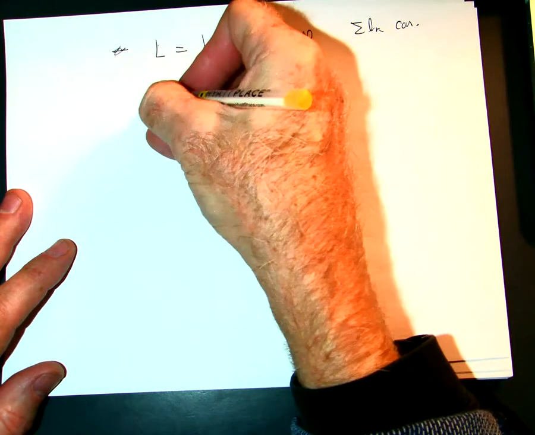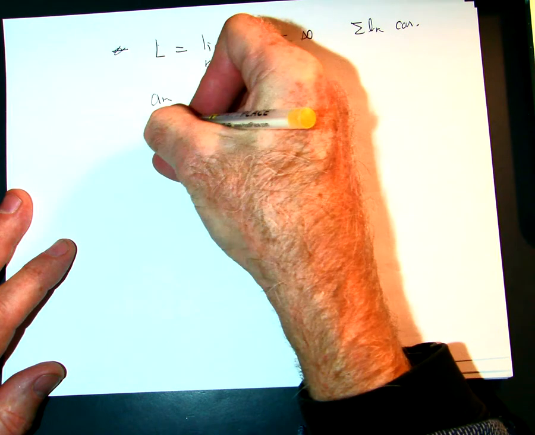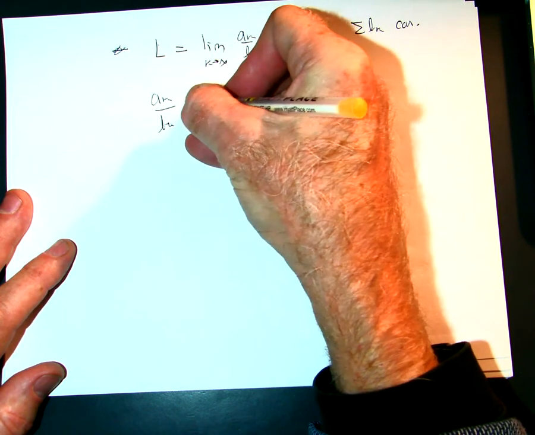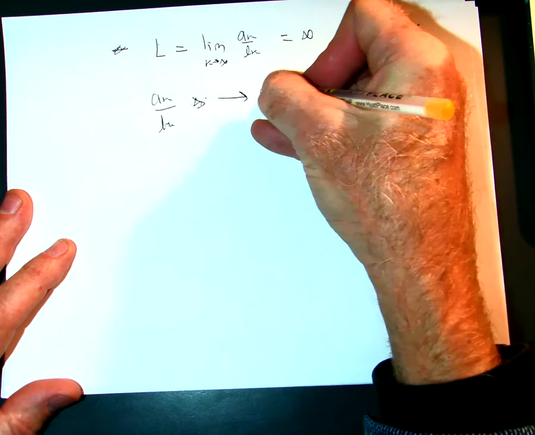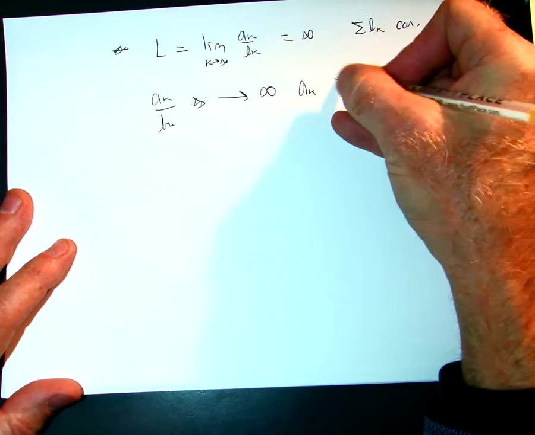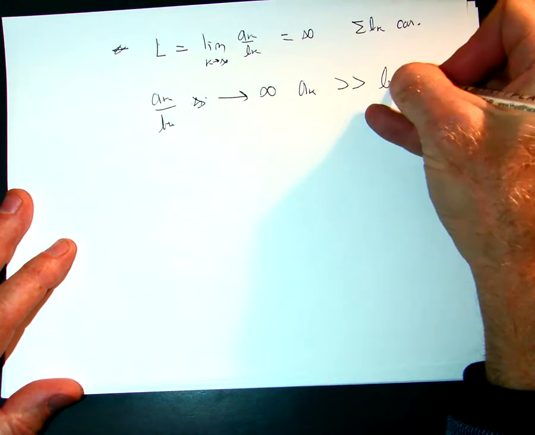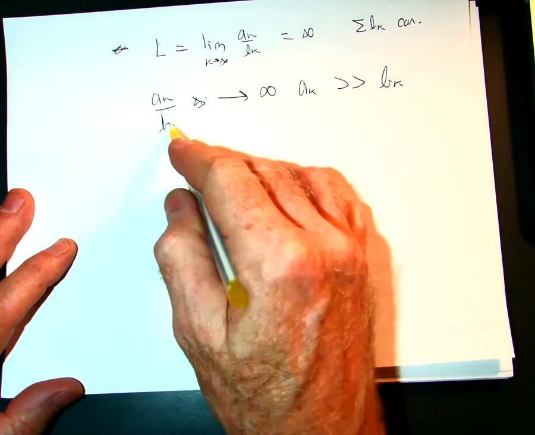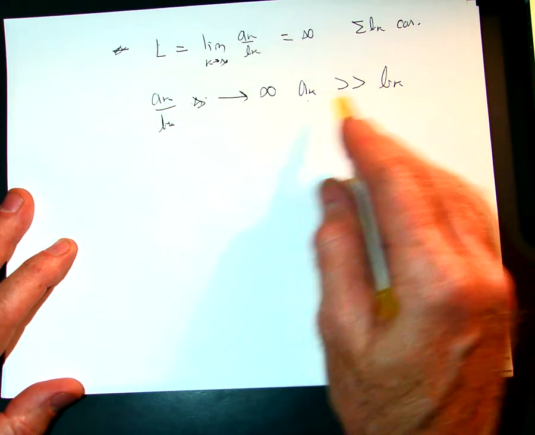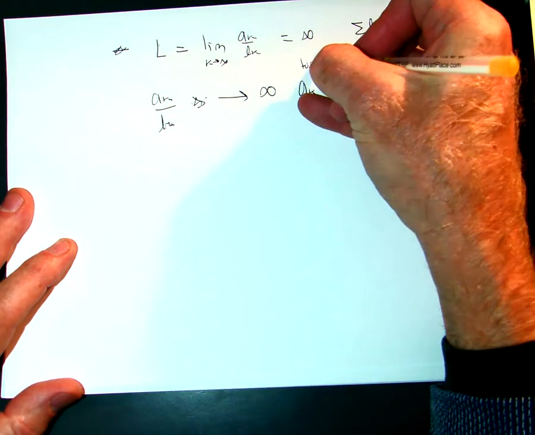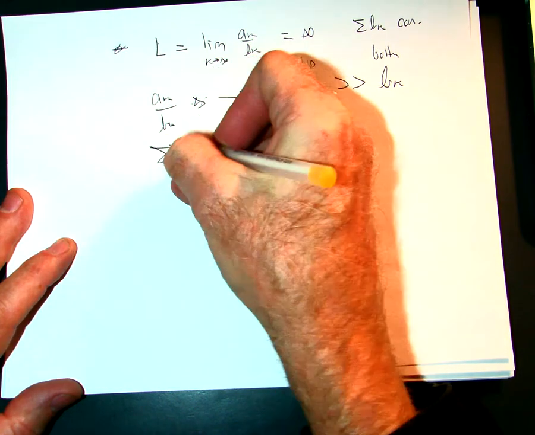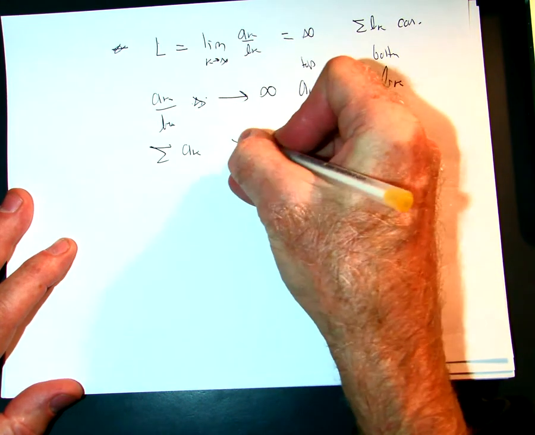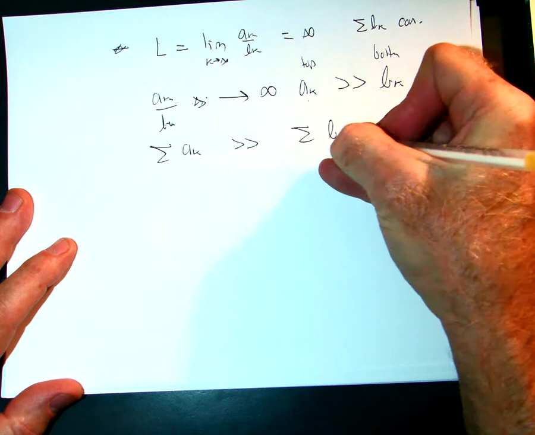What we get is that this limit converges to infinity. That says that a_k is very much larger than b_k. That's what it means for this to be infinity: the top is much, much bigger than the bottom. So that tells us that this series, a_k, is much, much bigger than b_k, which converges.